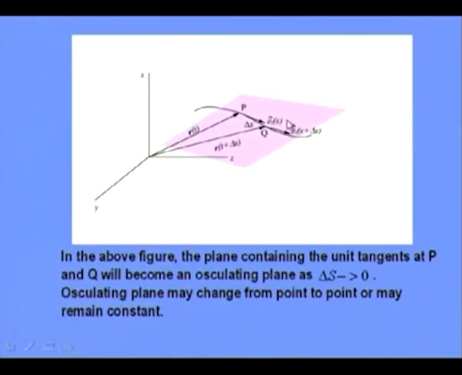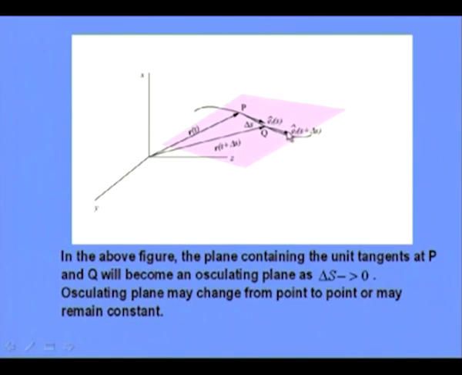In this figure, at point P, a tangent has been drawn, that is called ETS. This is the situation at time t, and this is at time t plus delta t.